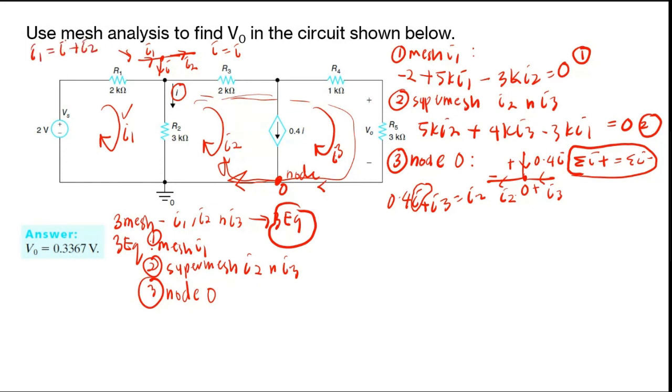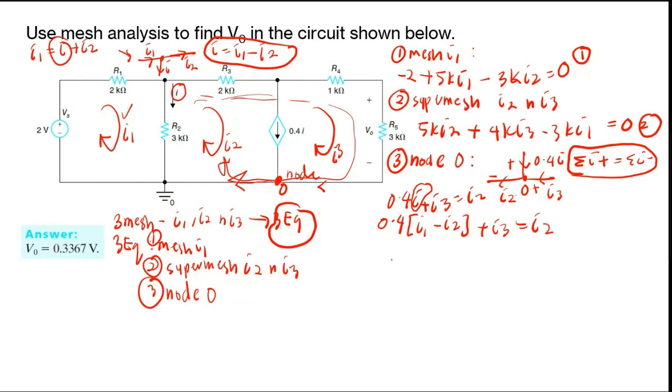So just rearrange this equation: I is equal to I1 minus I2. Then you need to substitute this into I: 0.5 times (I1 minus I2) plus I3 equal to I2.